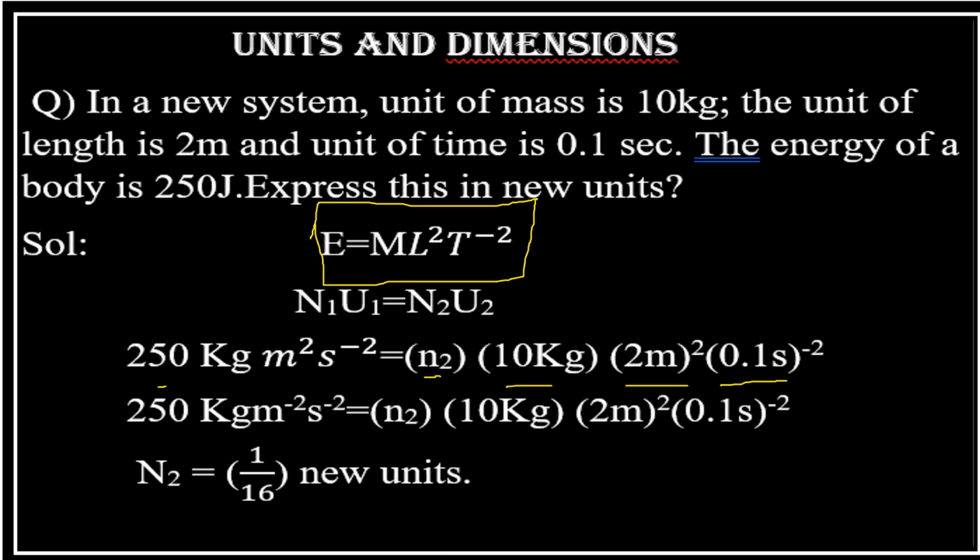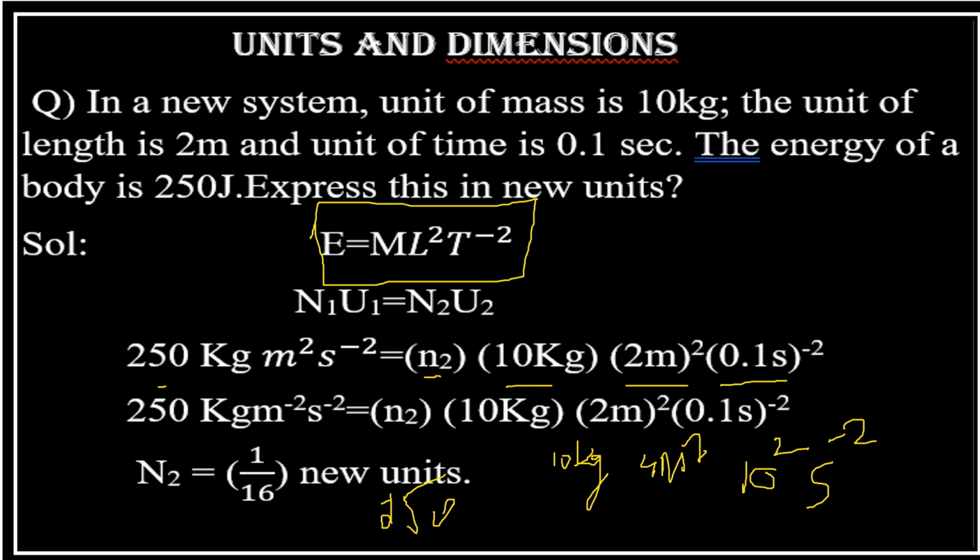If you solve this, 10 kg, 2 square becomes 4 meter square, 0.1 means 10 power minus 1. Minus 1 to the power minus 2 becomes 2, it becomes 100, means 10 square, s power minus 2. This side is 250.